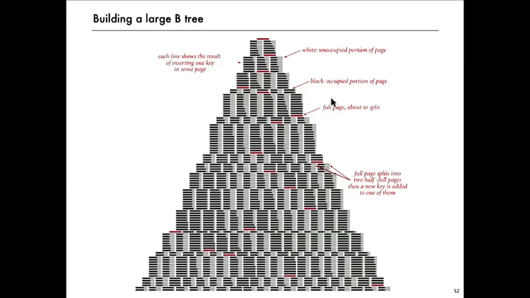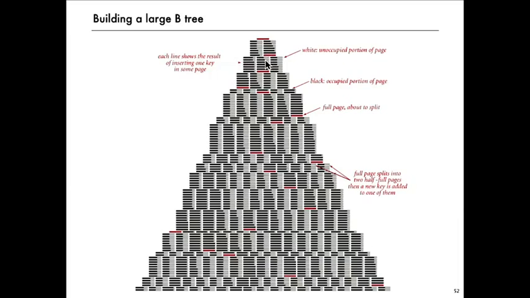This is a simulation that shows a growing B tree. So at the top, there's just one page that fills up. When it fills up, it's red, and that splits into 2 half pages. And then keys get added on one side or the other. So each line in this table, some page is getting a new key, and eventually one of them fills up and splits.